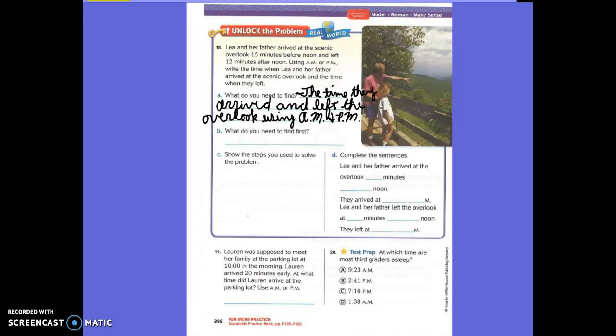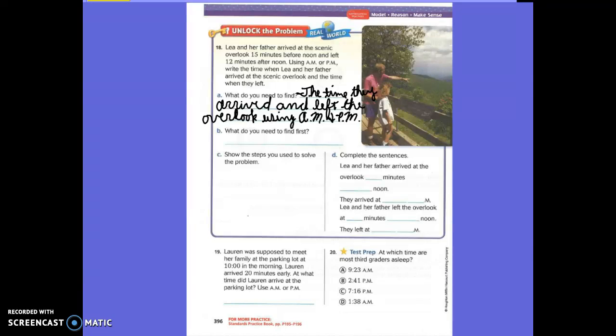What are we going to try to find first? What would make sense to find first? We should find out how she got there 15 minutes before noon.